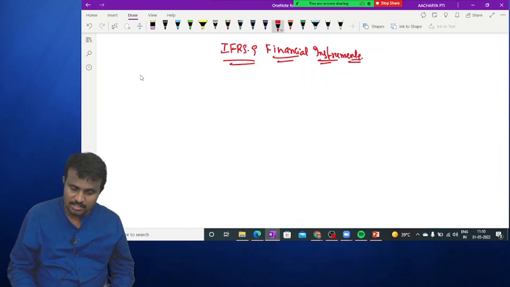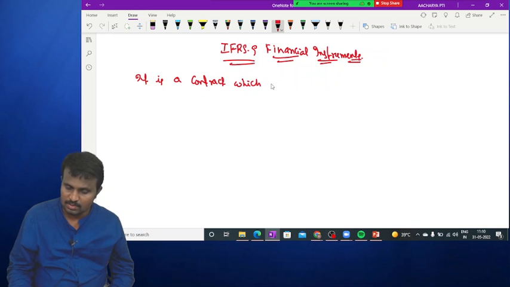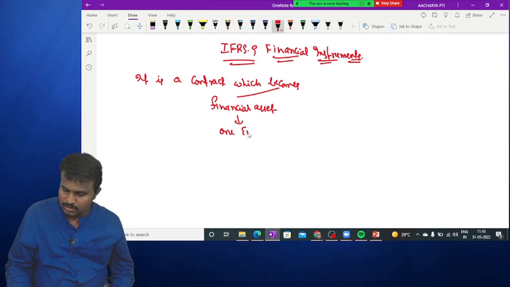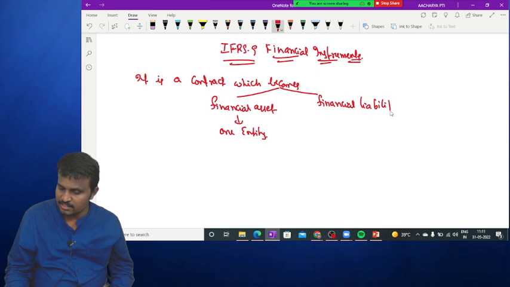So a financial instrument is nothing but a contract which becomes a financial asset to one entity and a financial liability or equity instrument to another entity.